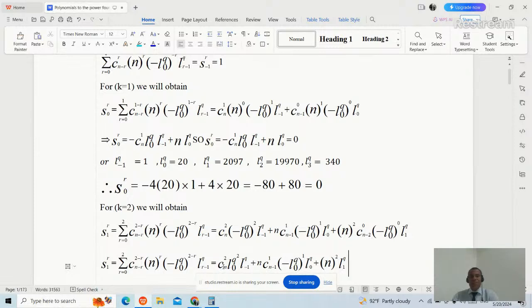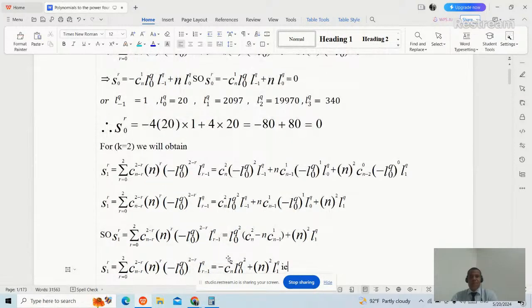after calculation, I will obtain the combination n choose 2 times L0 of order Q squared, plus n choose n minus 1, minus L0 of order Q times L0. This will be minus n combination n minus 1 choose 1 times L0 of order Q raised to the power 2. So this one, I can simplify. Okay, I will use the following.